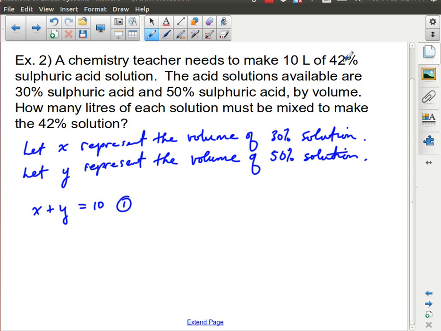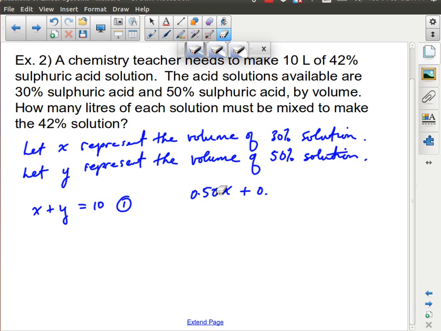I want to combine X amount of 50% solution. Now, in the previous example, if you've been following these in order, I wrote that as 0.50x for 50%, plus... Have I got them backwards?